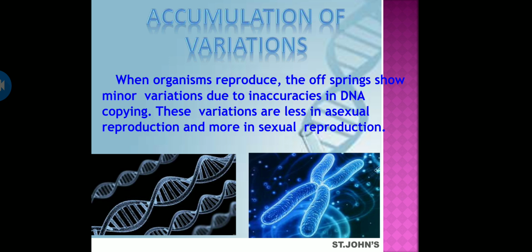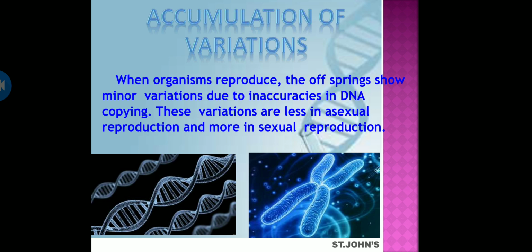Remember, if the proofreading is not done properly, or if the enzyme does not correct the error in the sequence, then the duplicate of the DNA will be different from the original one. Errors in the DNA copying mechanism are one of the main reasons for variation in the genetic material. Hope you understood the concept.